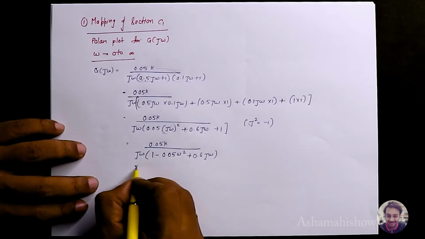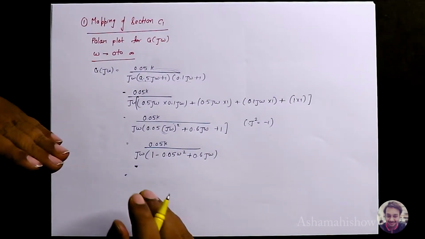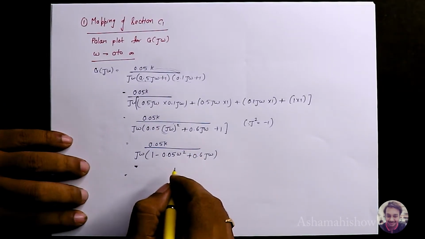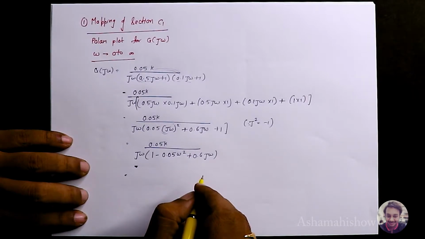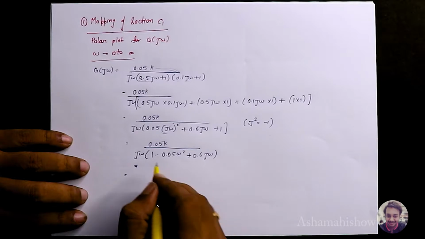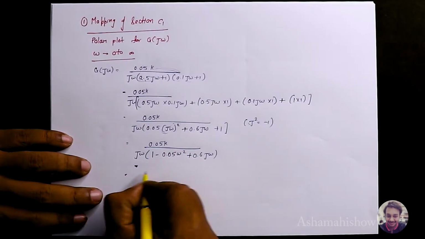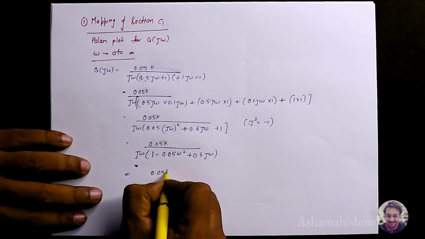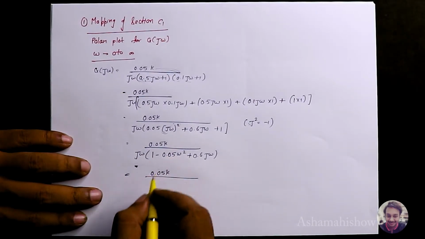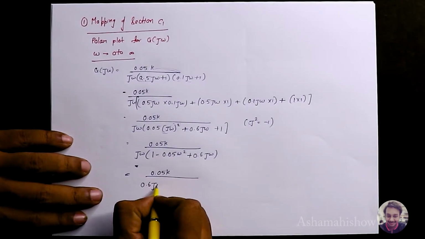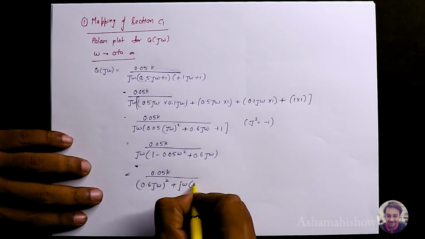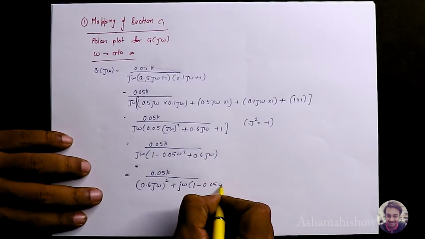Okay, now the next thing is, you need to separate your real and imaginary parts. Your imaginary part will have the j term. So multiply all these, then you take it out. What happens here, if I multiply j omega with the entire thing and take it out, this comes, and your j omega will come, and this is your minus 0.05 omega square.